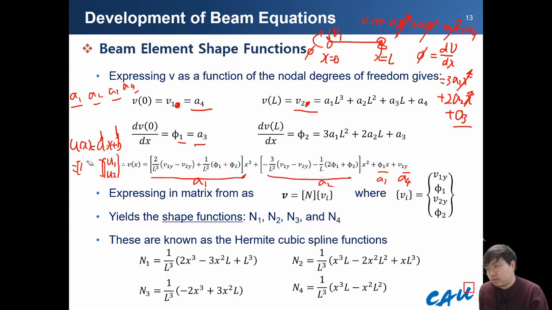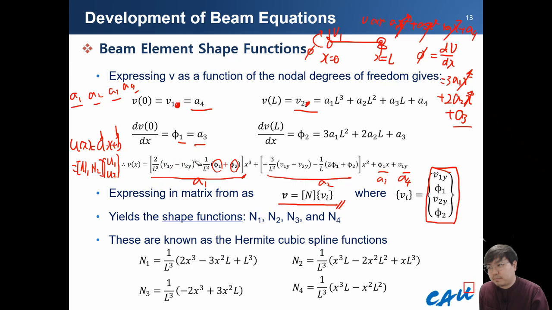But finally we get the shape functions, in the same manner. We can organize v1 and v2, theta 1 and theta 2, collect the force vectors like this, and finally reach this relationship.